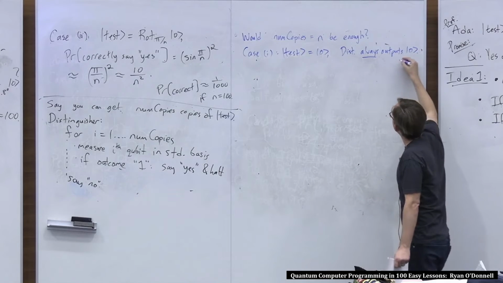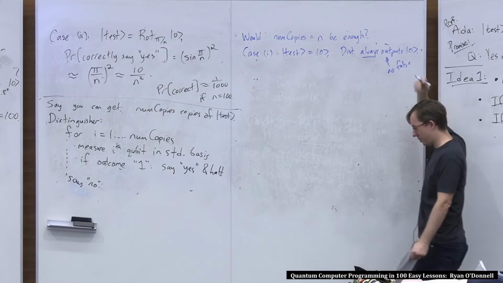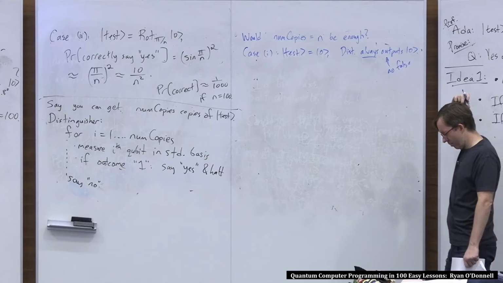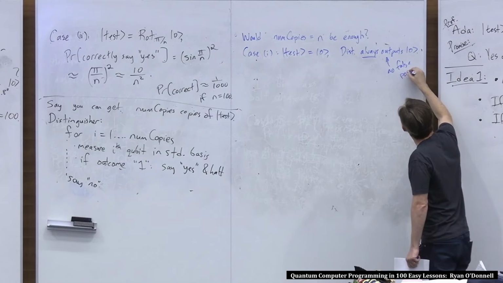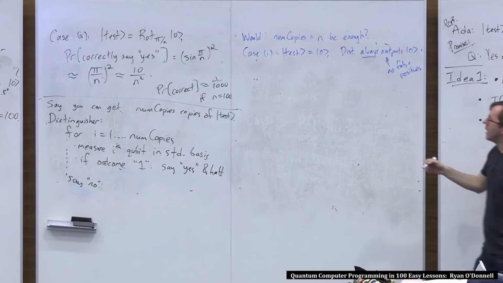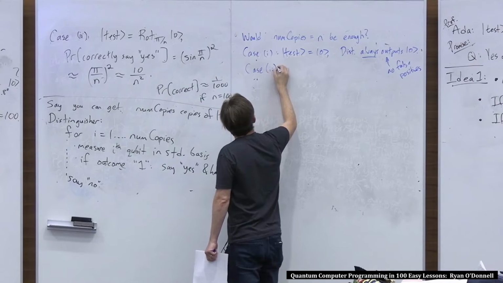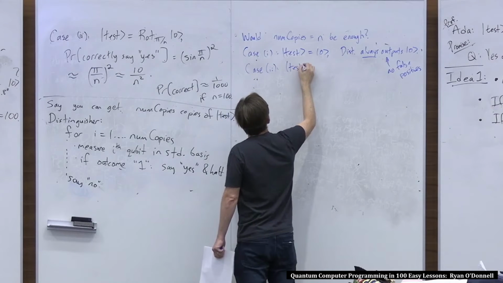So this is sort of no false positives. So the real analysis is the other case, when test is the rotated vector.